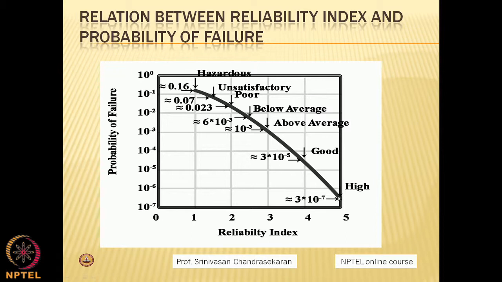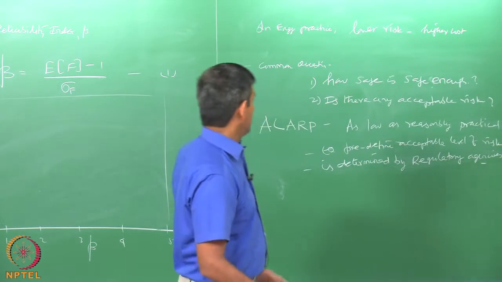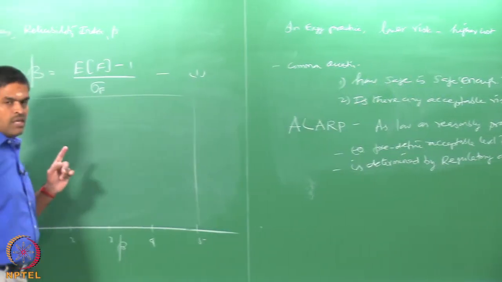So, a system is generally classified as high, good, etc. based upon two indices, either the reliability index or the probability of failure. However, these two are connected by the relationship given in equation 1.